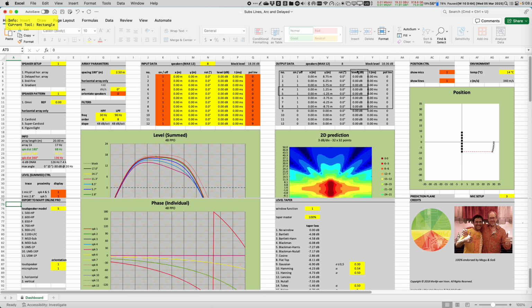So pay attention to the level here. Then, what is the other thing that we have to pay attention to? The level per microphone. So the red color microphone is the loudest one, and we need you to pay attention to the level of the loudest one as soon as we apply taper.